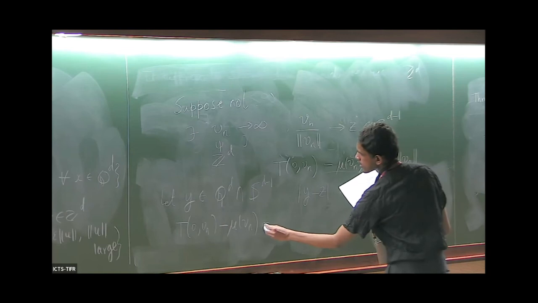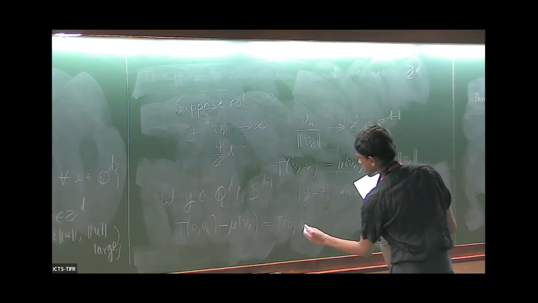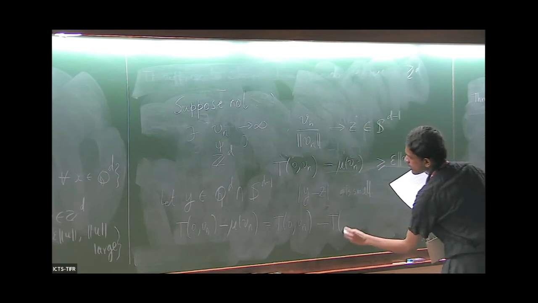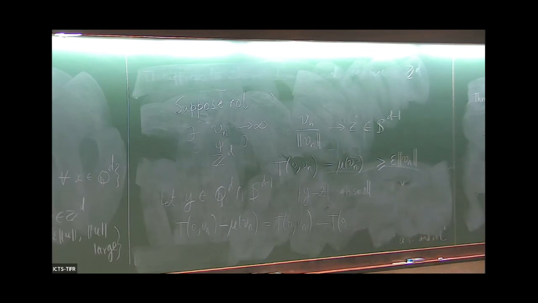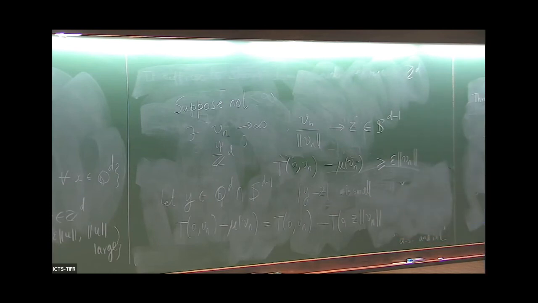So this is simply T0 Vn minus T of... So we are going to do a series of successive approximations. First, I approximate Vn by Z times norm of Vn. Then I approximate Z times norm of Vn by Y times norm of Vn.